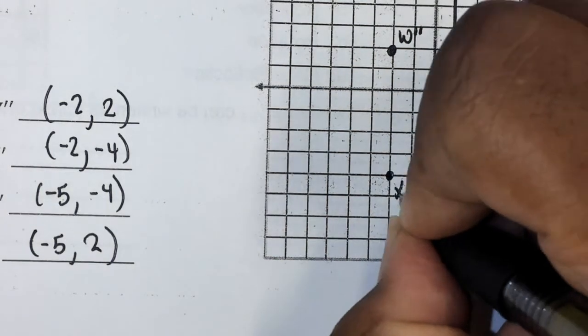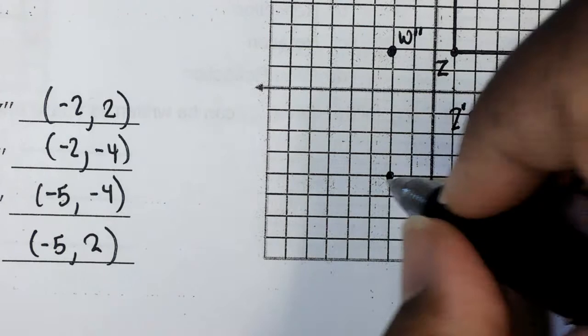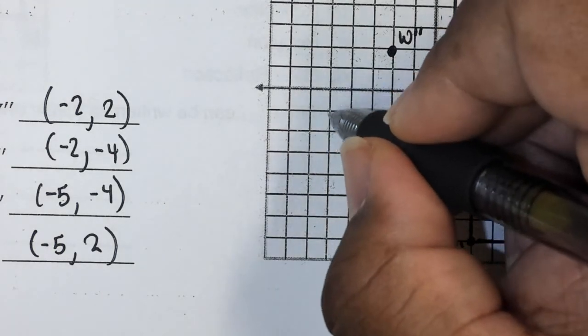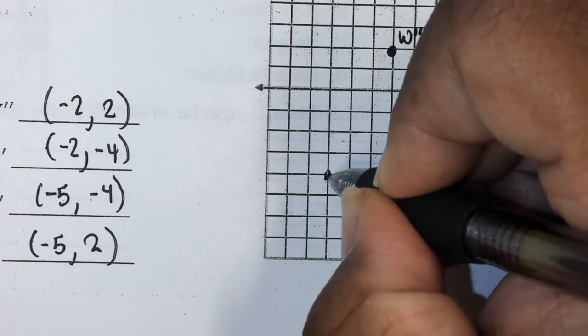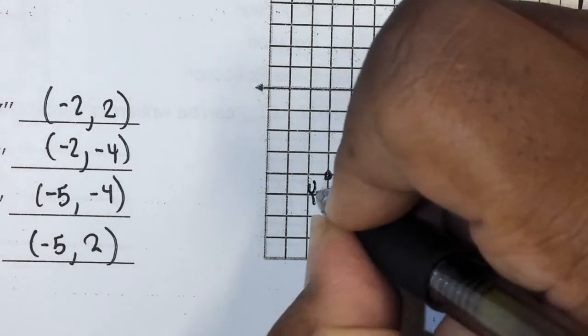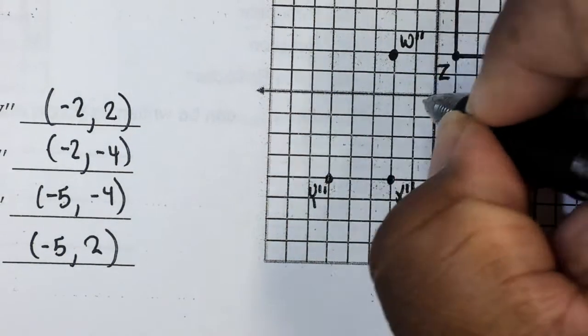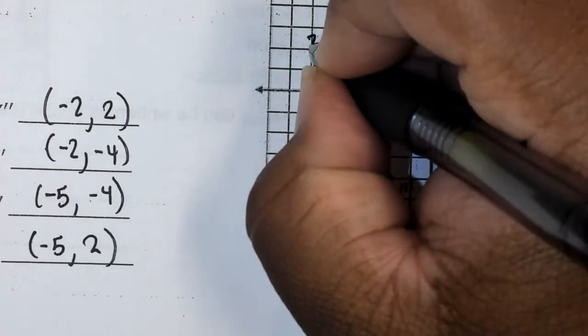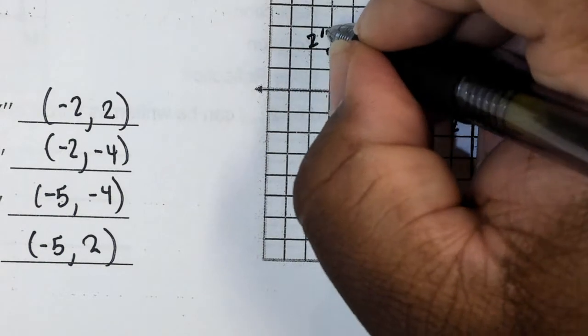That's going to be X double prime, negative 5, negative 4. That's going to be my Y. Negative 5, 2. That is going to be my Z double prime.